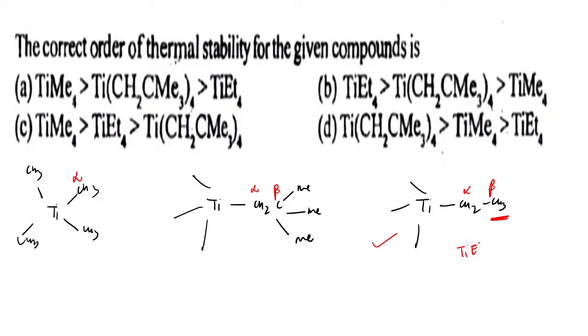That means in titanium Et4 we have beta hydrogens.